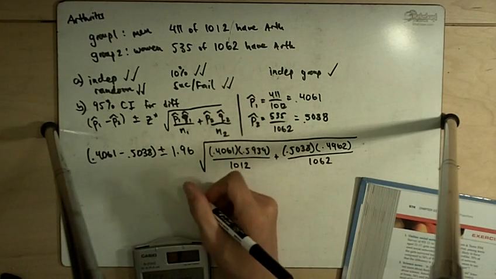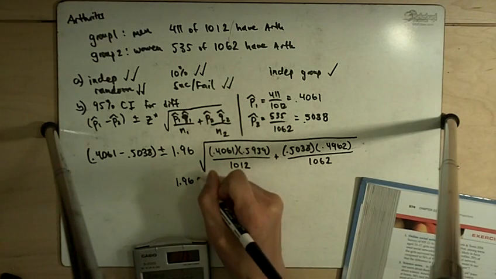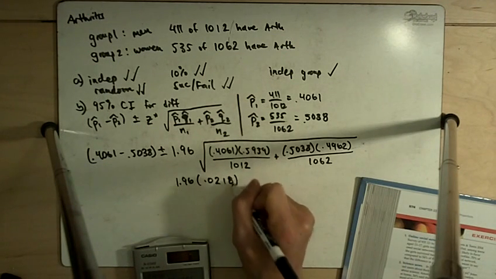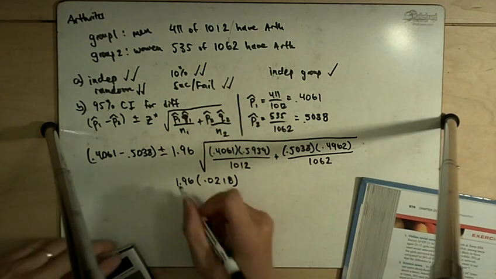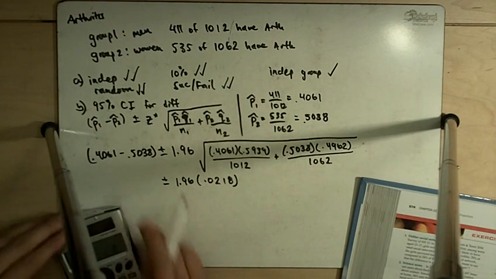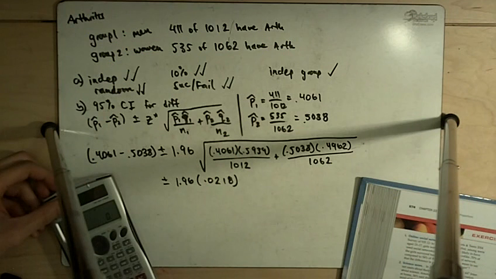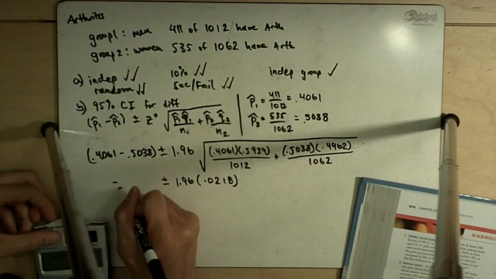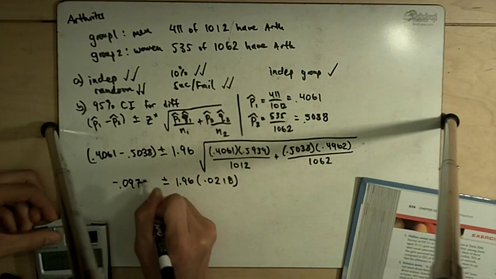And this ends up being 1.96 times 0.0218. And the observed difference, 0.4061 minus 0.5038, is negative 0.0977.